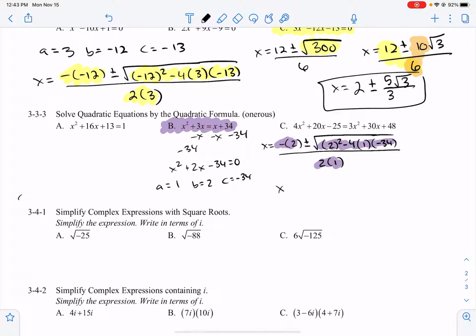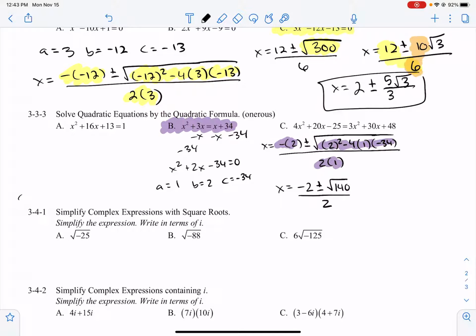And when I do so, I get negative 2 plus or minus the square root. 2 squared, when you plug that in, what are you going to get? 4 plus, all of that's going to come out to be 140. So square root 140, all divided by 2.